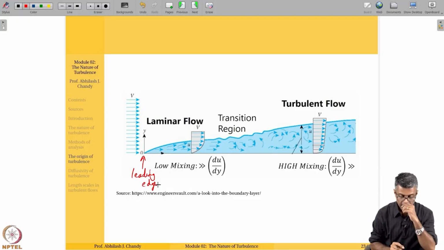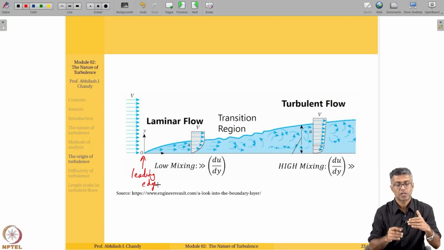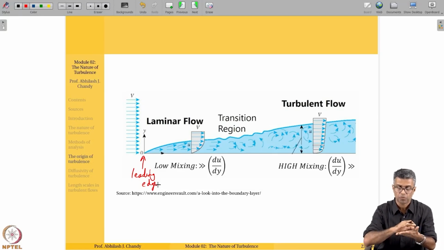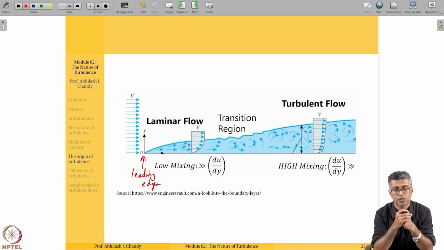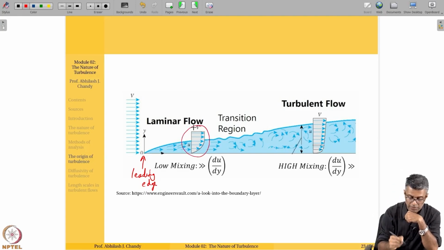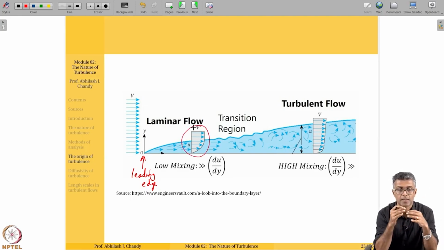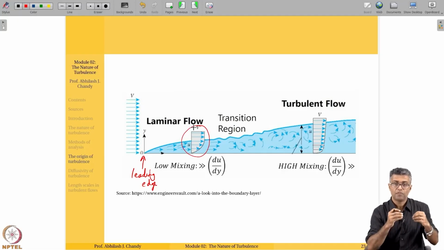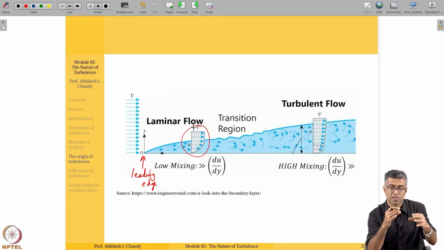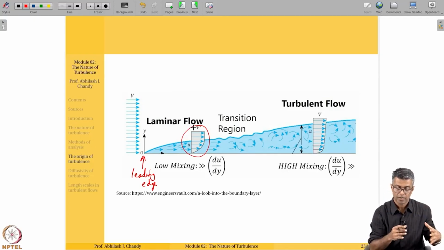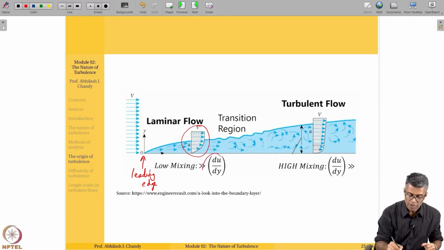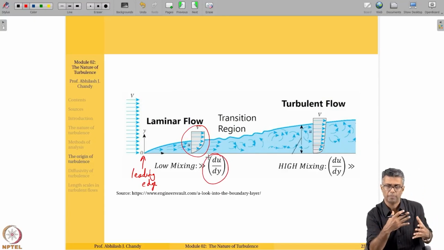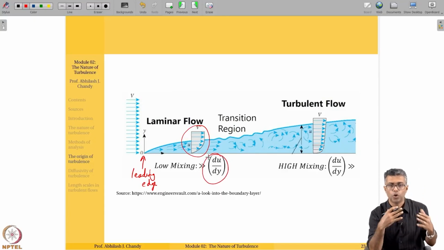So laminar flow will have features such as smooth flow, regular flow, very predictable flow in layers, and a profile would look something like this. This is marked by low mixing, as in the mixing is actually at a very low rate. So that is what we are representing by du dy being a very small number, being much less than 1. So that is the low mixing scenario, laminar flow.